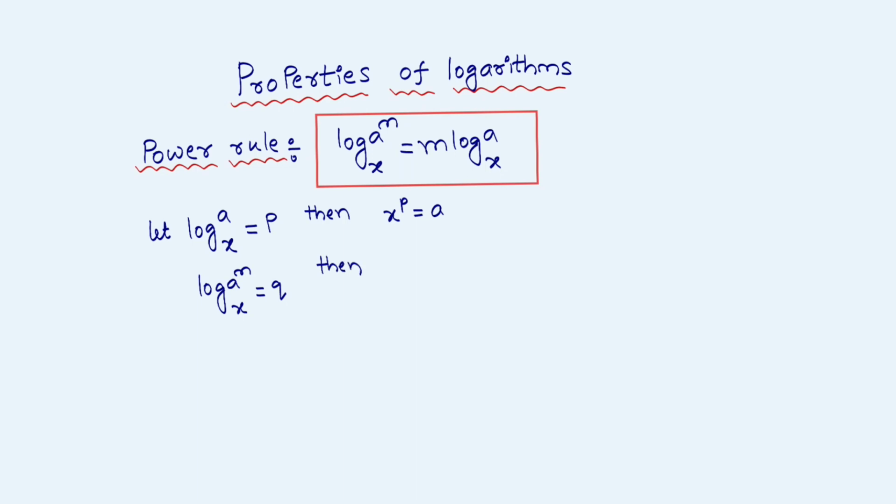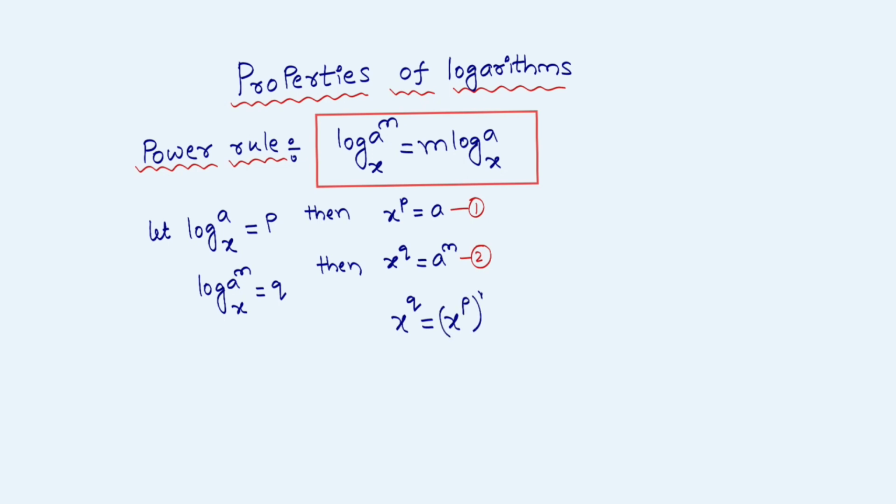Then we get x to the power of q is equal to a to the power of m. Here we will have only two equations. This is the first equation, this is the second equation. So the a value we will substitute in the second equation.